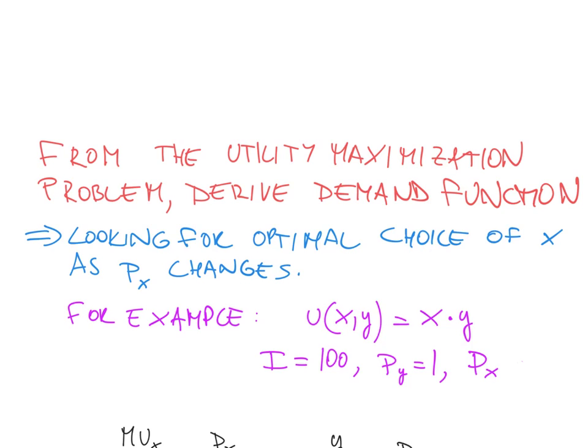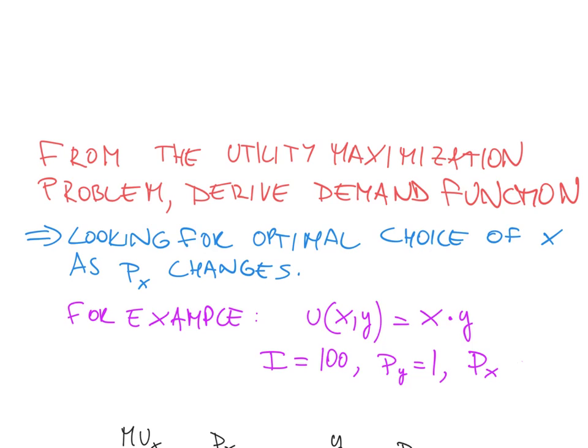When we solved these kinds of problems in class before, I gave you a utility function. Like I told you what it is. I'm telling you here what it is. It's X times Y. So that's the utility function. I gave you an income. Here's your income. I gave you a price for Y, and I gave you a price for X. Now, if I did actually give you a specific number like 2 for the price of X, that would give you the optimal choice for that price.